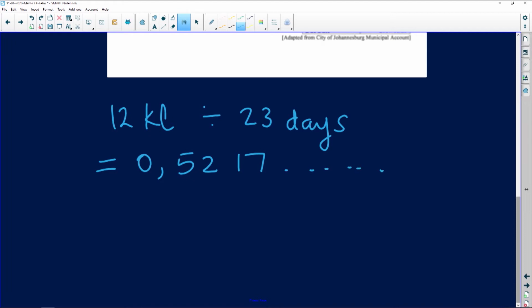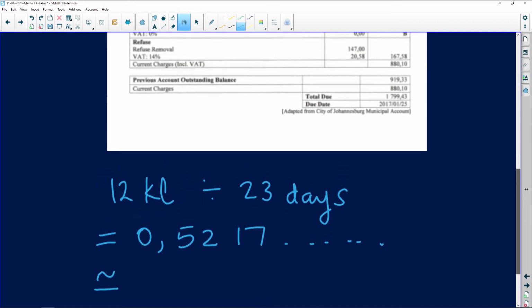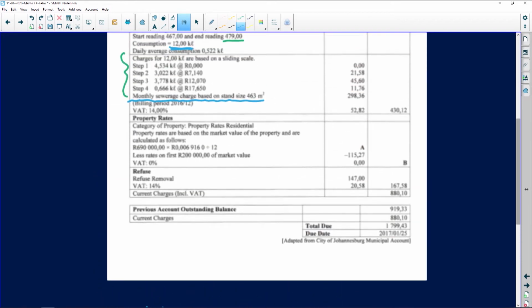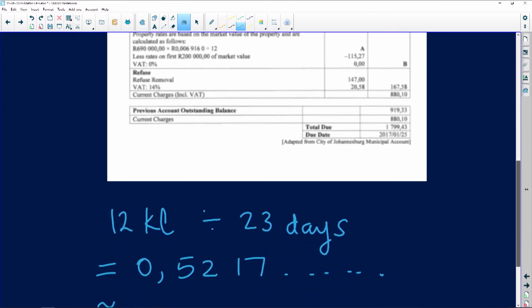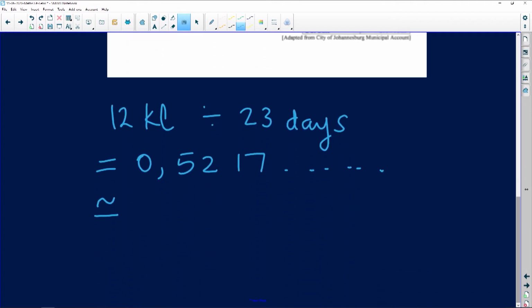But the beautiful thing now is that we need to round it off because we need to prove how this 0.522 was gotten. Let's go and round that off. How do we round it off to 3 decimal places? We look at the number that is after that third number, which is 7.